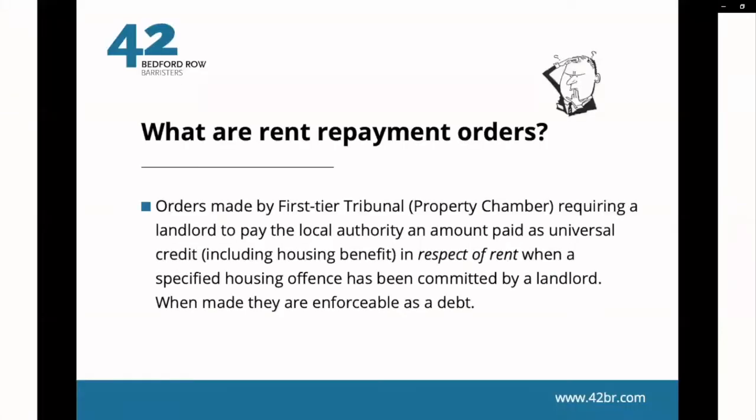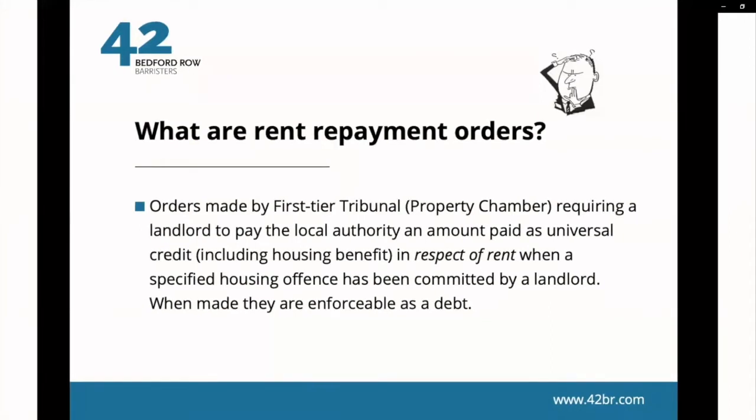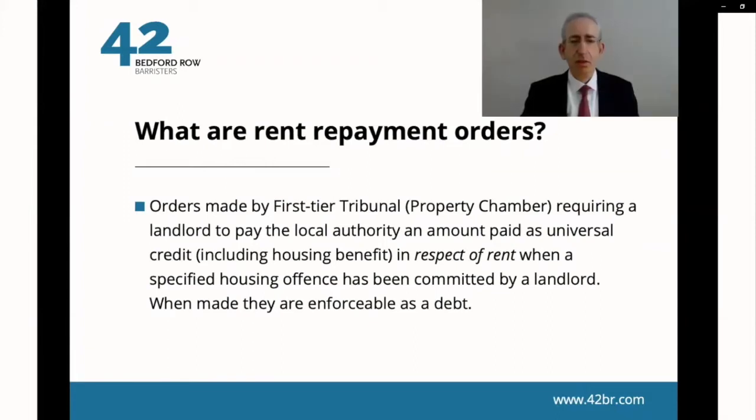The first question to look at then is, well, what is a rent repayment order? So for local authorities, what this means is an order obtained from the First-tier Tribunal, which is part of the Property Chamber, requiring a landlord to repay back those parts of Universal Credit that have been paid in respect of rent, for a property within the local authority's area.